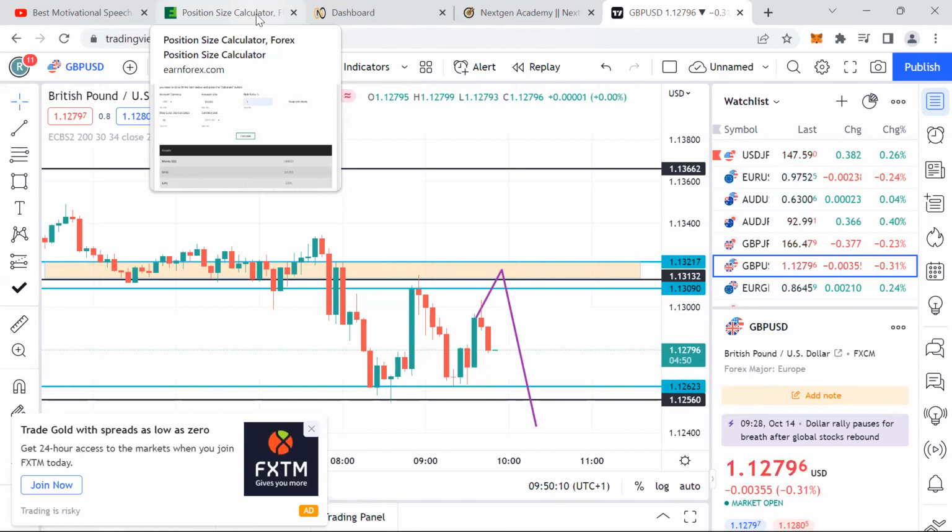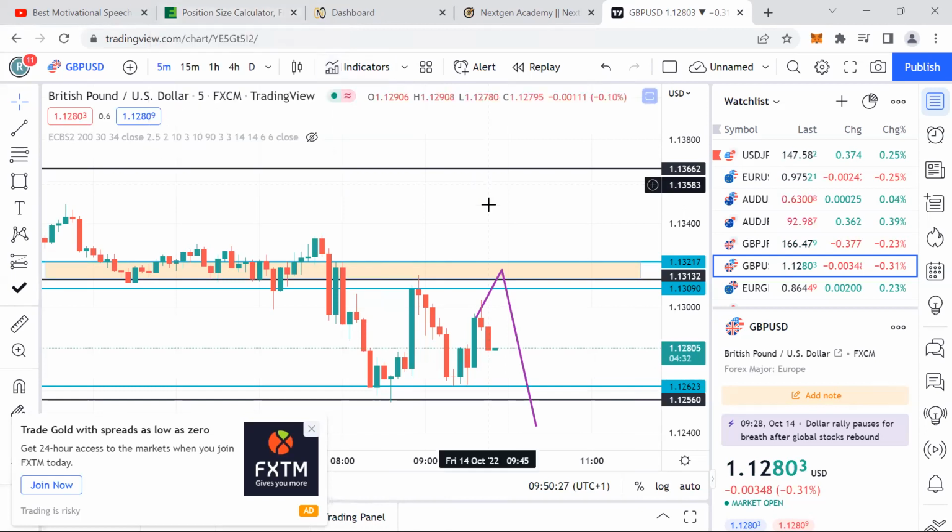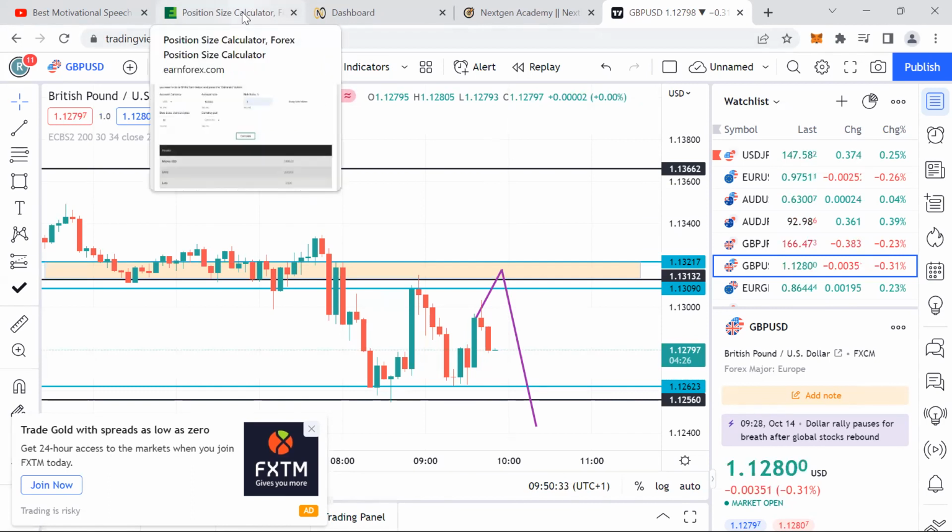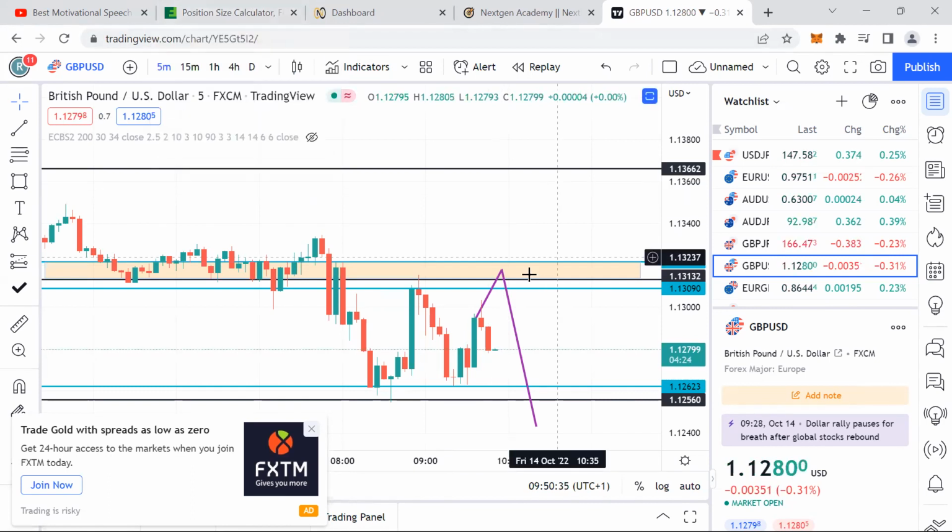We talked about risk to reward, and we said the stop loss is 30 to 40 pips, or the next resistance zone for a sell, or support zone. So let's go now to the position size calculator. Now you know the area where you're entering, you know it is GBP USD. Let's say this is where we want our stop loss to be.